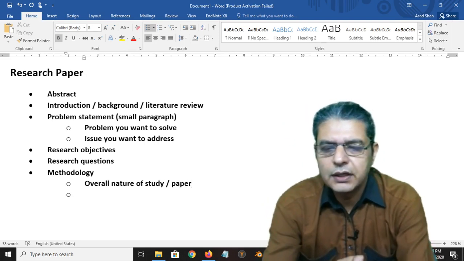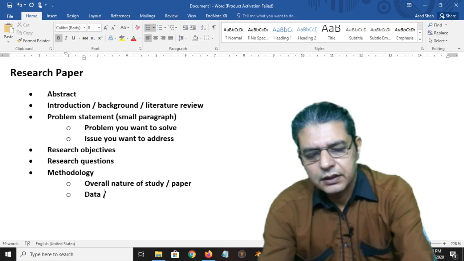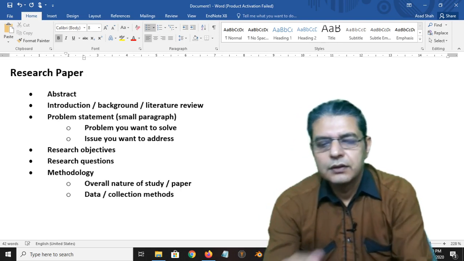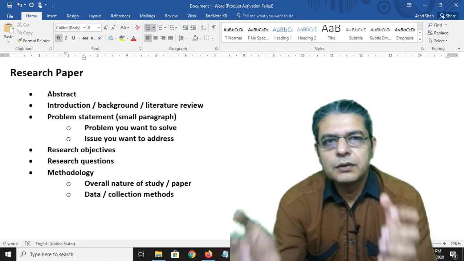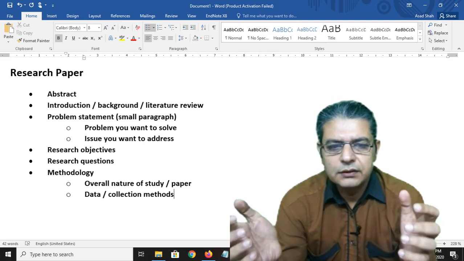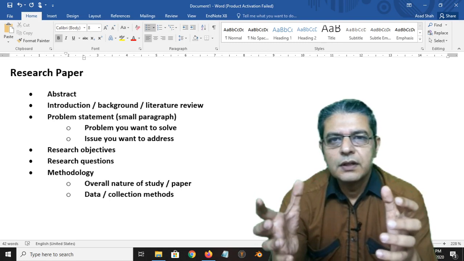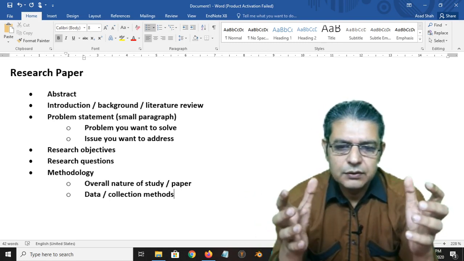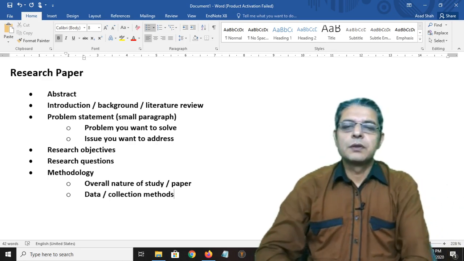And then you will write the data and collection methods. You will tell what your data is and how you're going to collect it. For example, you are studying something related to university graduates, and you will say my data will be collected from university graduates. How are you going to collect data?